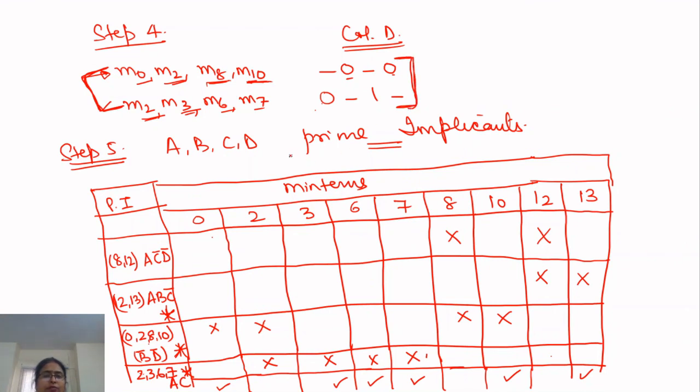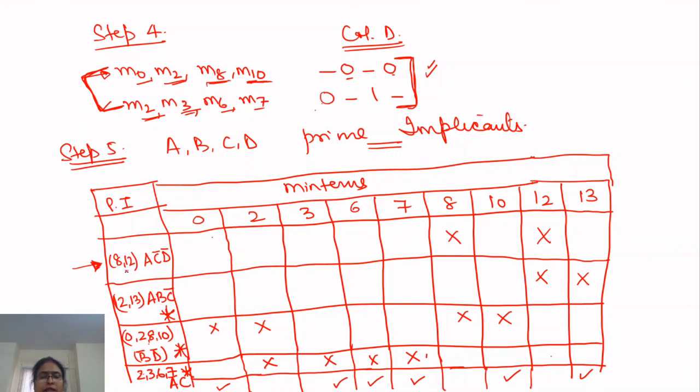Then in the last, when the grouping stops, you have to come to the chart place. In the chart place, you have to see those groups which are not included in this, and you have to see all the minterms are covered in this prime implicant chart.